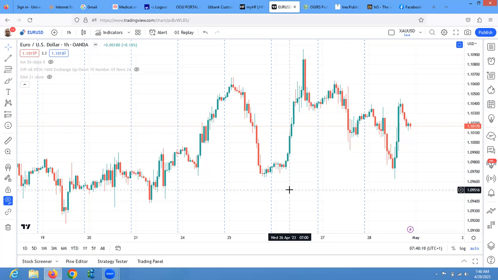So when you are trading and you are putting two of them, three of them in a trade, you are duplicating, triplicating your risk.